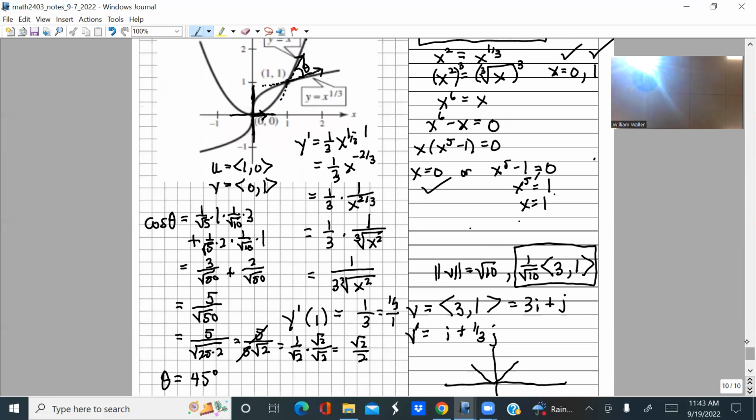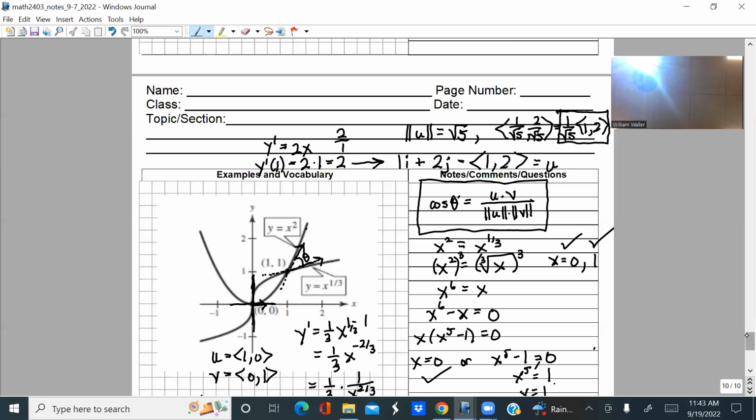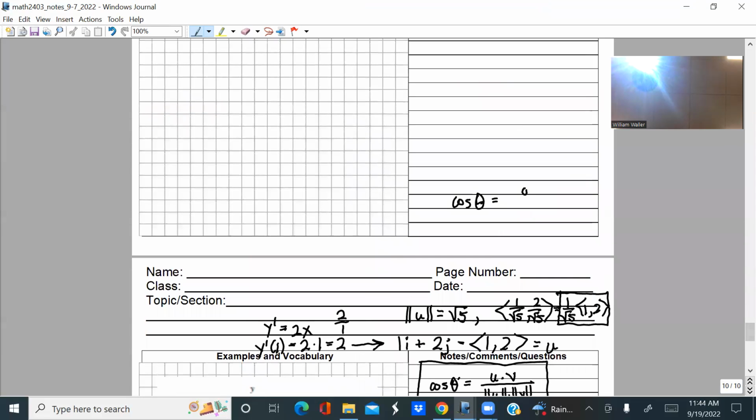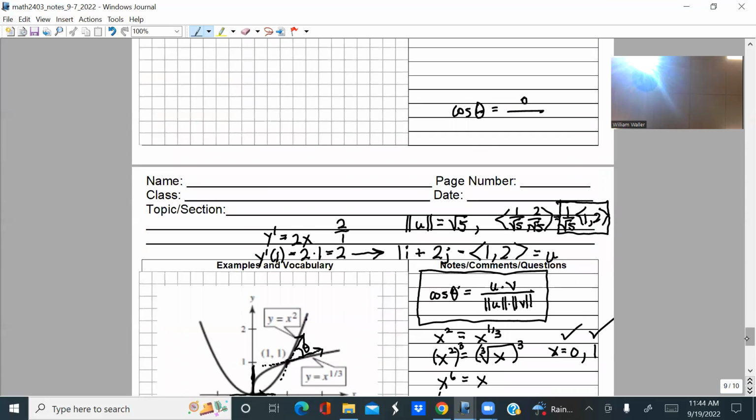So it doesn't matter what the denominator is. Actually, it's 1, isn't it? Because you have the magnitude of U times the magnitude of V, but we said U was I and V is J, and they both have magnitude 1. So you would get 0 divided by 1, which is 0.